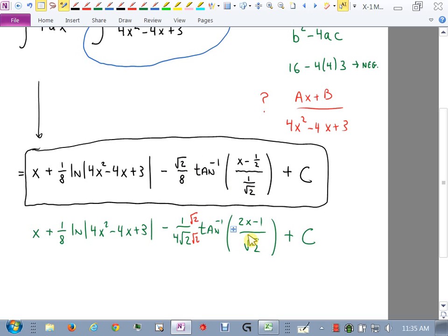And to see this, it might be easiest to take ours and rewrite this bottom as root 2 over 2, and then reciprocate it up, and the 2 comes up through here and multiplies through and gives you this. They're the same answer is what I'm getting at, all right?